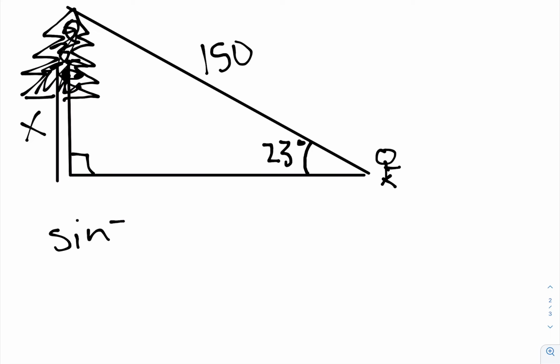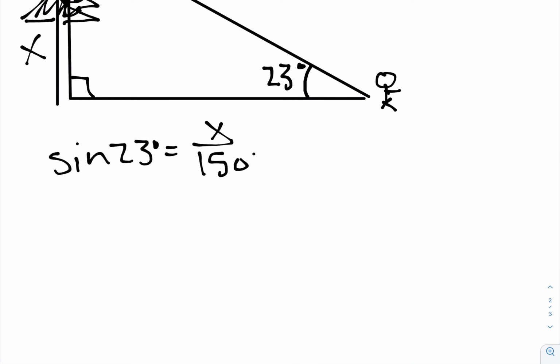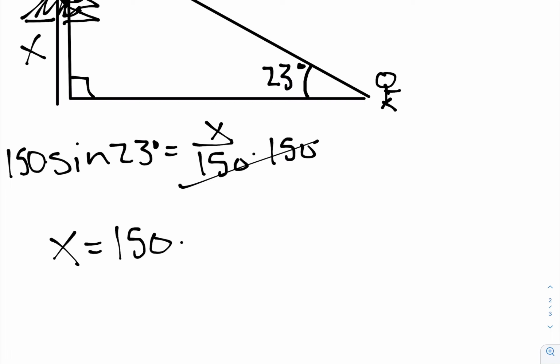So the sine of 23 degrees is going to be x, our opposite, over 150, our hypotenuse. So now it's a bit easier because now we can just multiply by 150 on both sides. The 150s are going to cancel, so x is going to be 150 times sine 23.